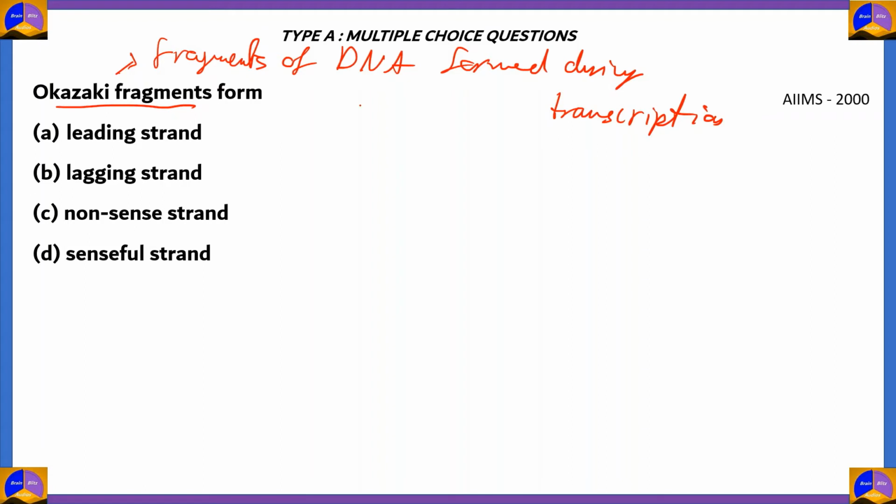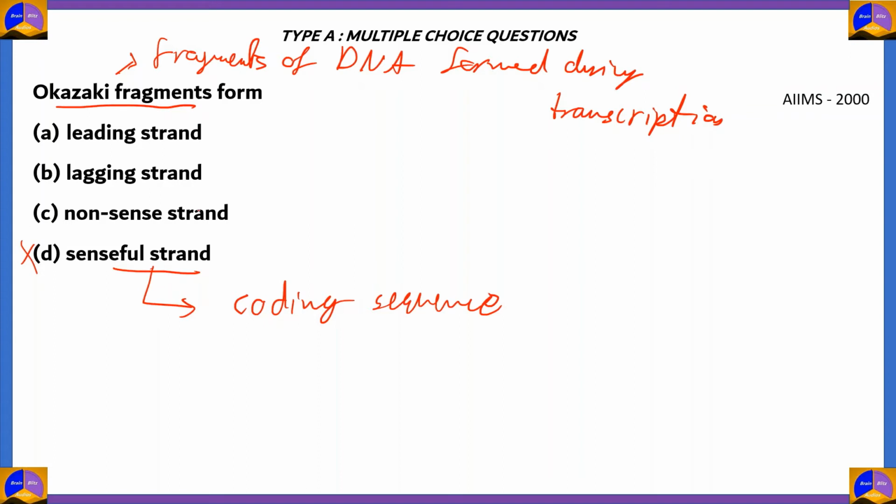We need to find out whether the DNA formed is leading or lagging. Now let's look at option D, a senseful strand. A senseful strand refers to a DNA strand which is able to code. So it is a coding sequence. And Okazaki fragments, when processed, can also become coding sequences. So option D is incorrect because both Okazaki fragments and the other kind of DNA also form coding sequences.